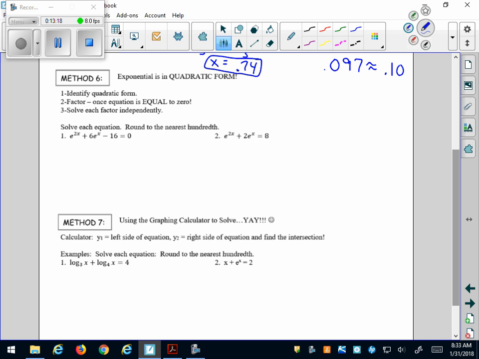The common way to do this is to use the letter u. I'm not sure why, but assign u an actual value. Our u in this case is e to the x.